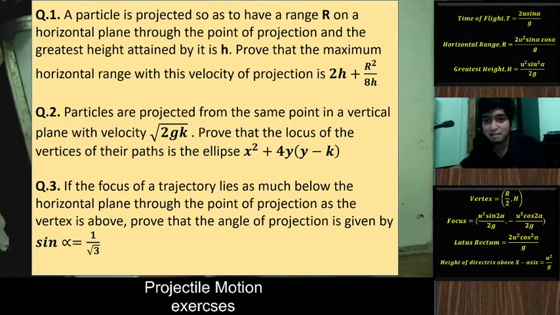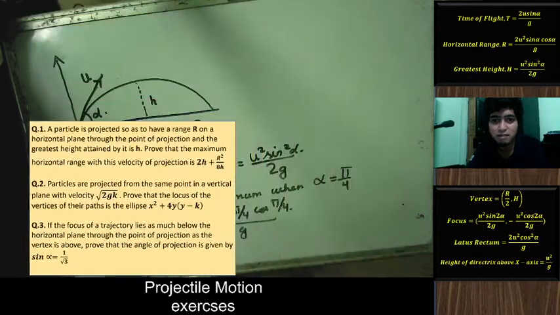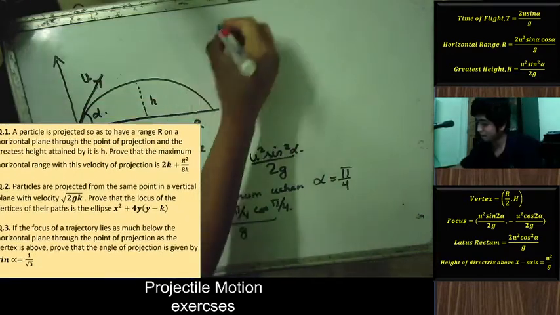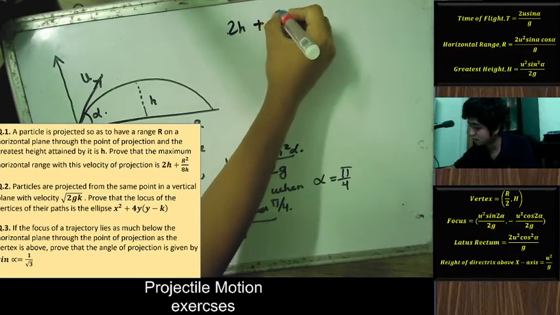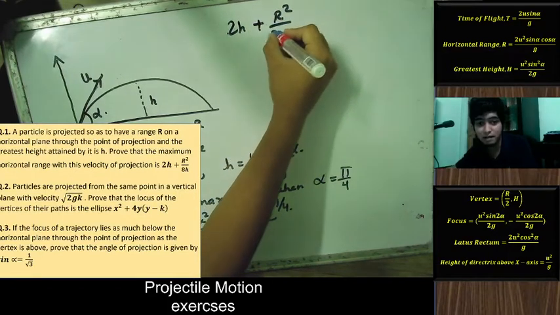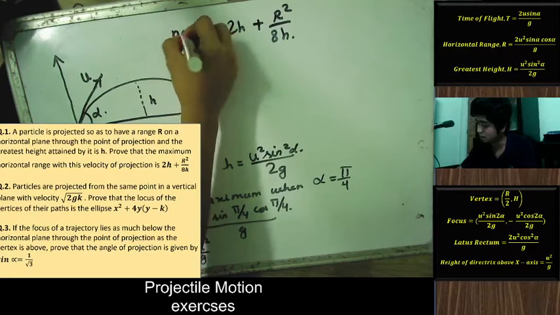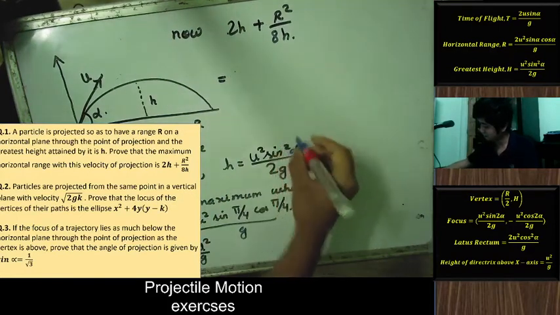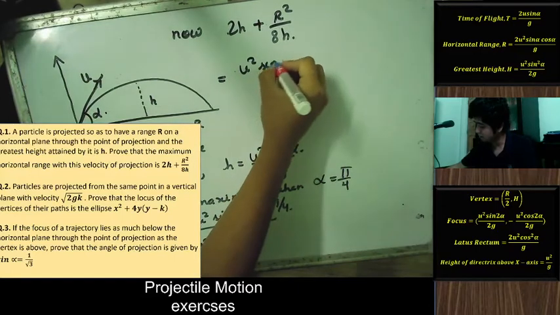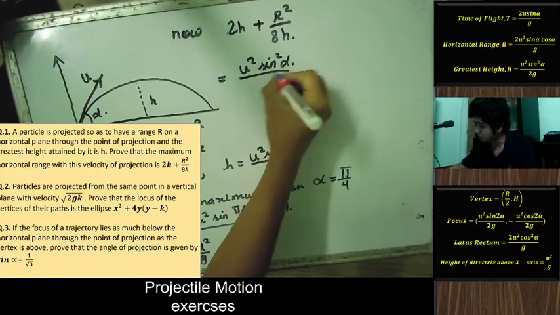So let us just calculate 2h plus r squared by 8h. You will have h equal to u squared sine squared alpha upon 2g, so 2h will be u squared sine squared alpha upon g.